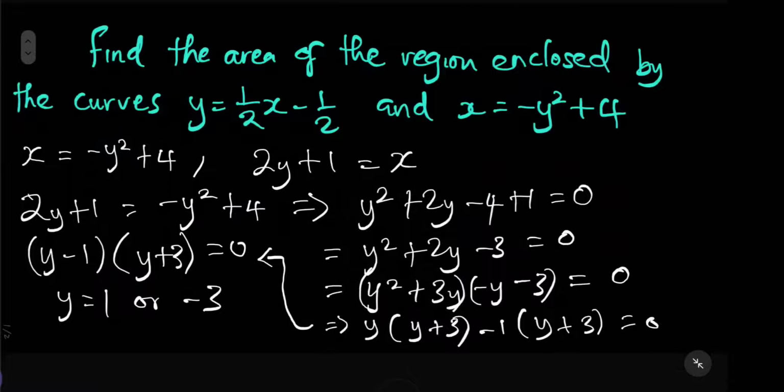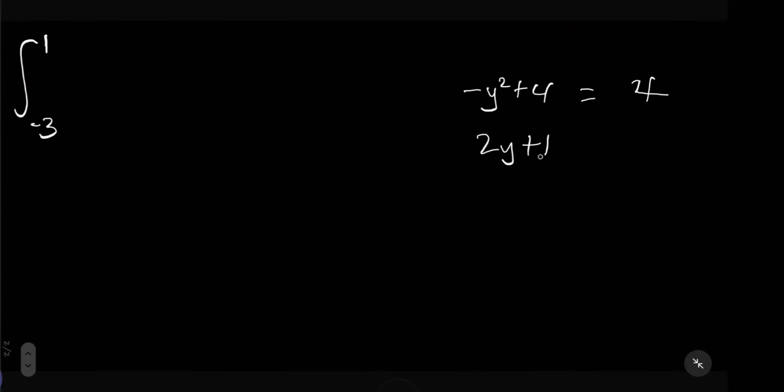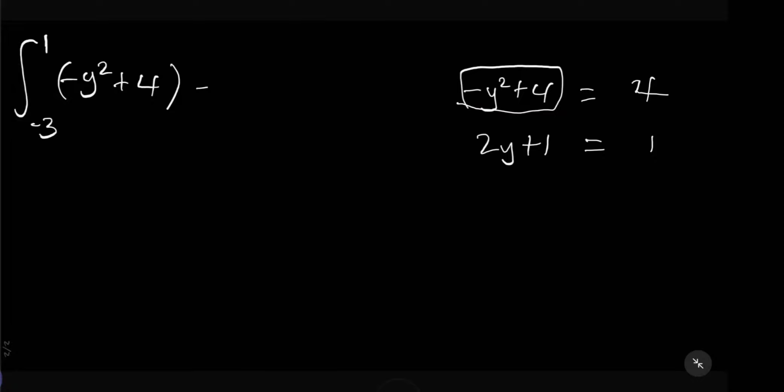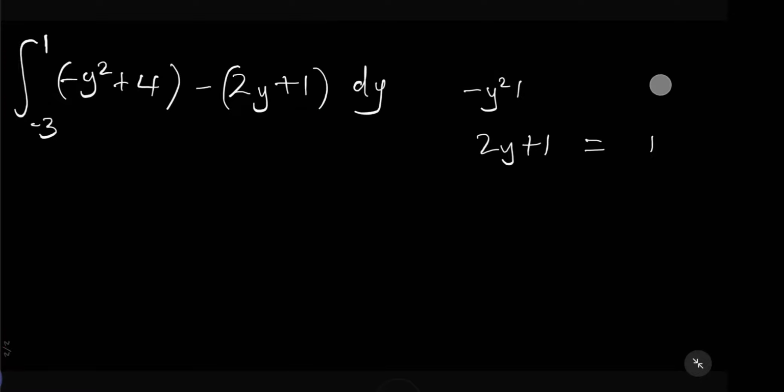And 2y plus 1 when y is 0 would be 1. So this is numerically larger. So we have minus y squared plus 4 in brackets minus 2y plus 1 in brackets dy, because all these are in terms of y. So at this point we can start integrating.